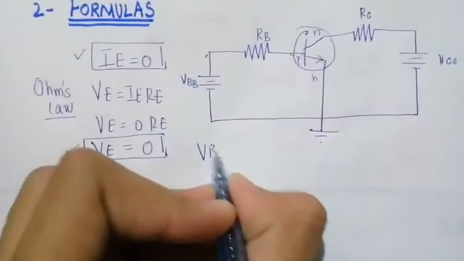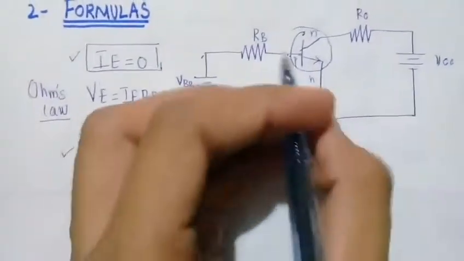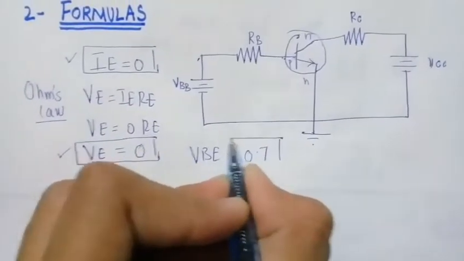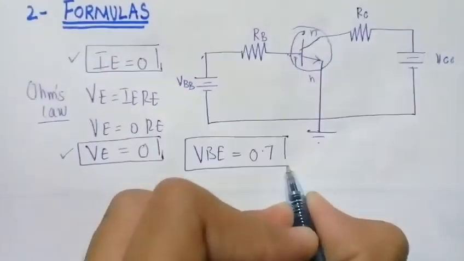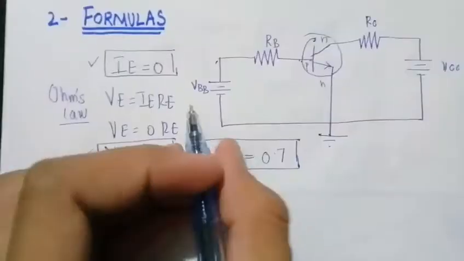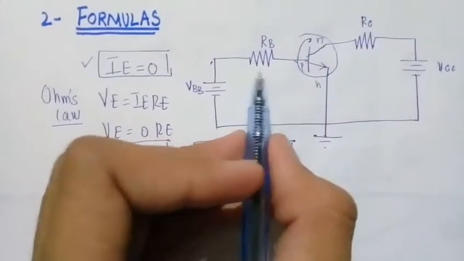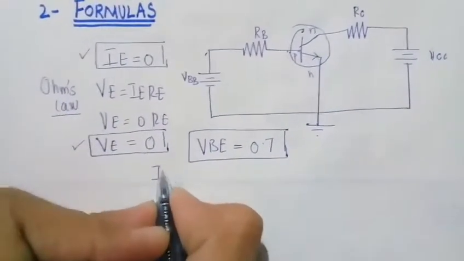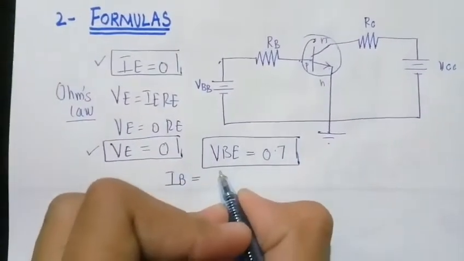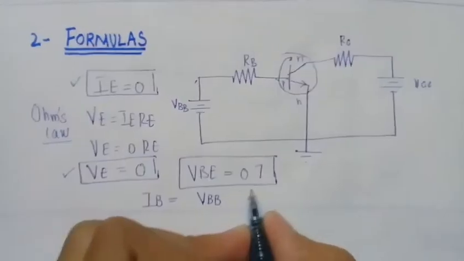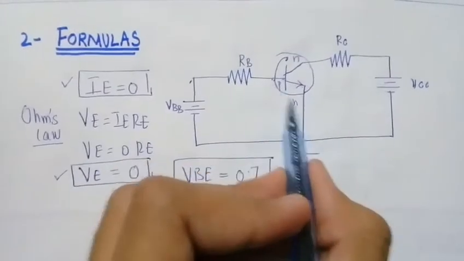So our base emitter voltage, the drop over there, is 0.7 volts because the diode is forward biased over there. This is no more than a forward biased diode. And here is another formula which we will see, that IB, the base current of the transistor: the base voltage VB will drop over this junction.